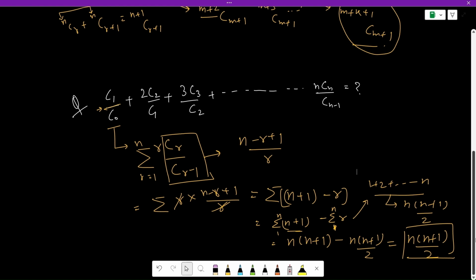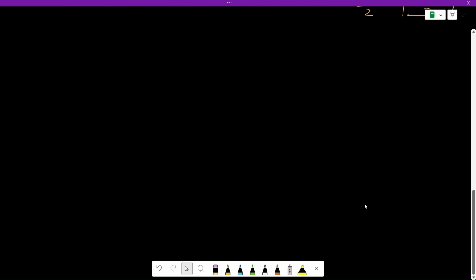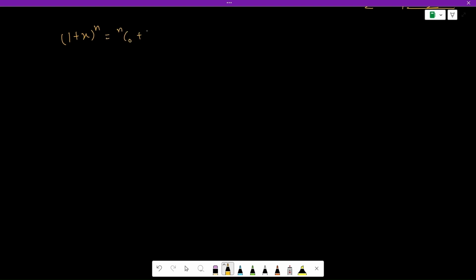Now let's derive some basic results that we will use further to solve some more complex questions. To derive them, there's an expansion that you must know, which is (1 plus x) raised to the power n is NC0 plus NC1 times x plus NC2 x squared plus NC3 x cubed and so on till NCn x to the power n.